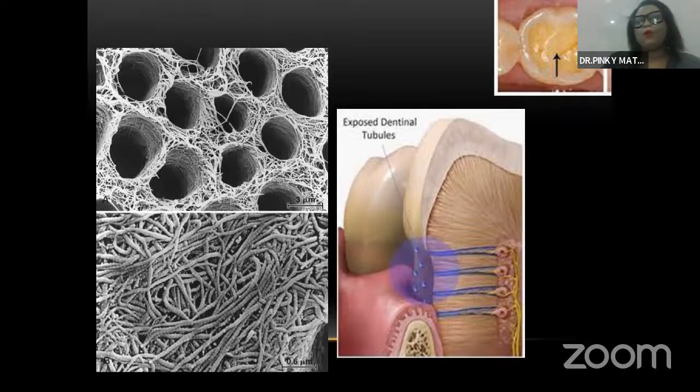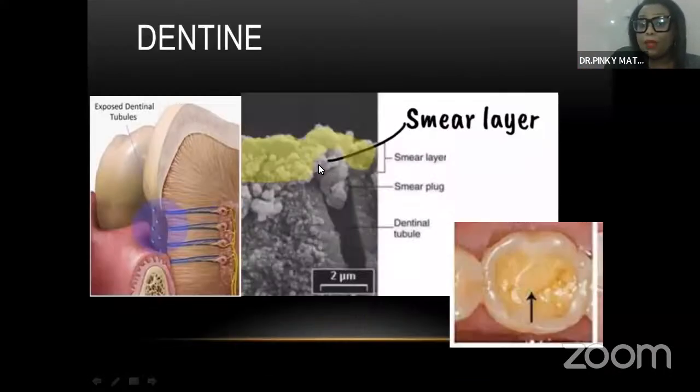So now when you apply your etchant everywhere on your enamel and you wash out your etchant, it is going to remove this smear plug. Once this smear plug is removed, your dental tubule is going to be exposed.